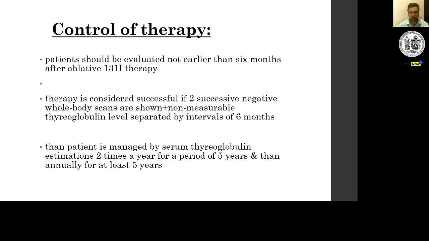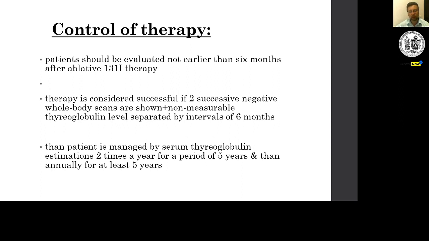So we have different rules for the control of such therapy. Patients should be evaluated not earlier than 6 months after the ablative therapy with radioactive iodine 131. Therapy is considered successful if 2 successive negative whole body scans show non-measurable thyroglobulin level, separated by intervals of 6 months.